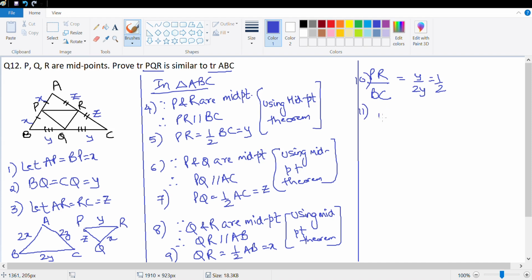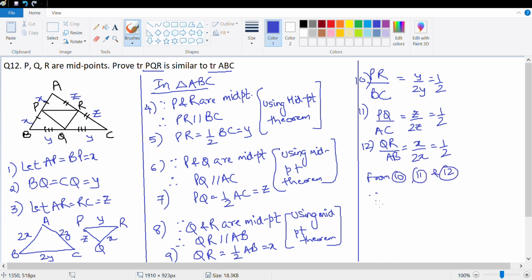Next, PQ upon AC is equal to Z upon 2Z is equal to 1 by 2. Similarly, QR upon AB is equal to X upon 2X is equal to 1 by 2. So from 10, 11 and 12, since PR upon BC is equal to PQ upon AC is equal to QR upon AB.